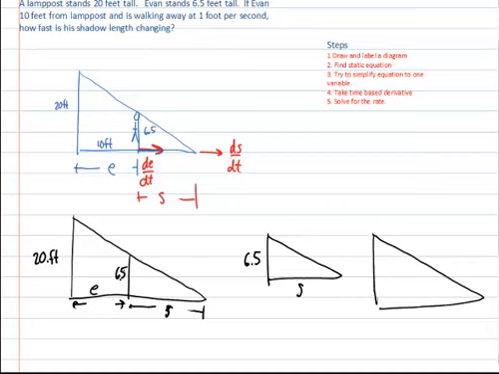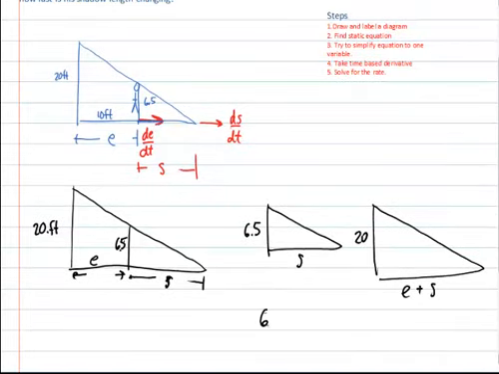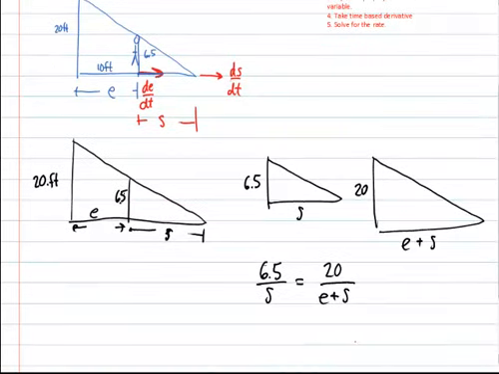In the second triangle, we have 20 and E plus S. So we can set up a proportion, and as long as the proportion relates the quantities that we're interested in, we can use related rates.